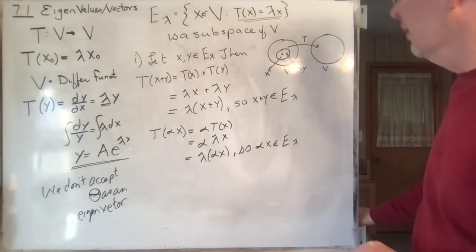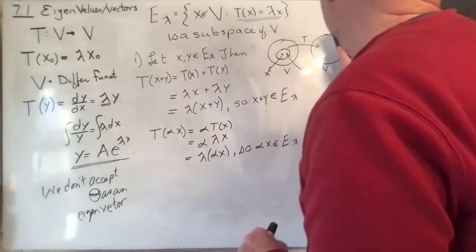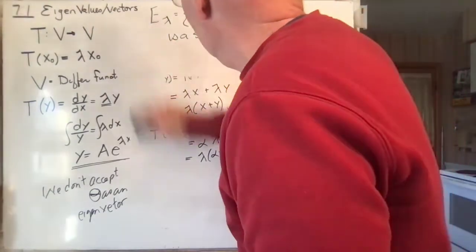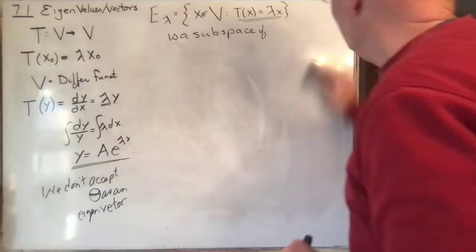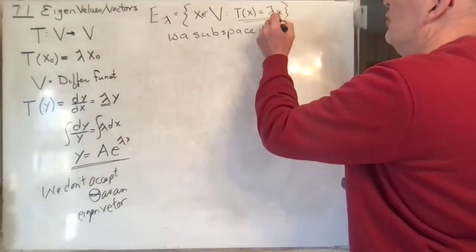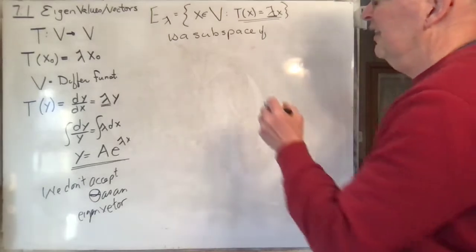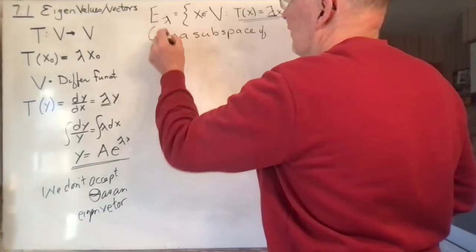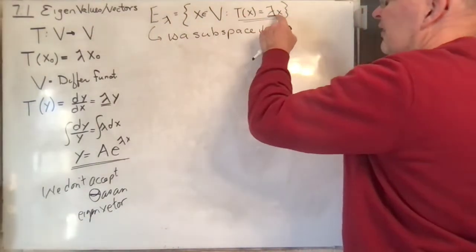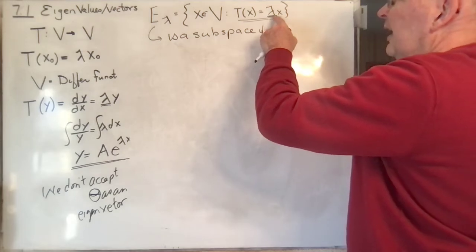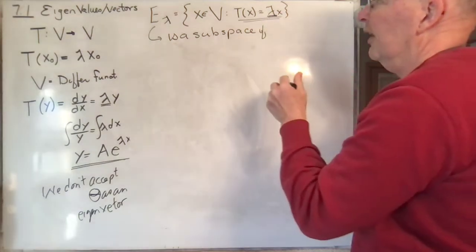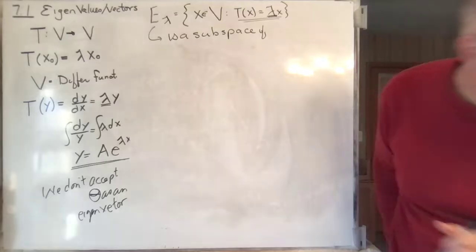So, just to be clear, then, if you have yourself an eigenvalue right there, then this collection right there of all the vectors that are eigenvectors associated with that eigenvalue, that is called, what do I call it?